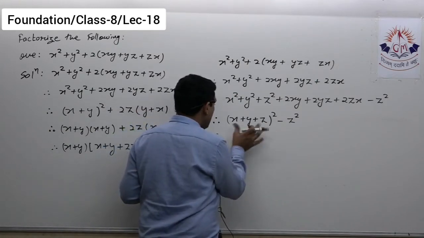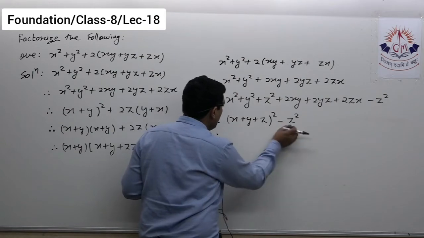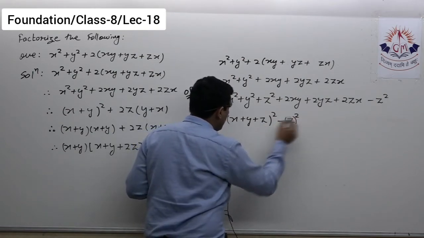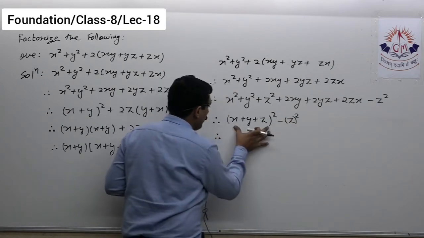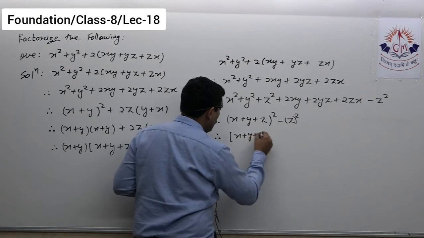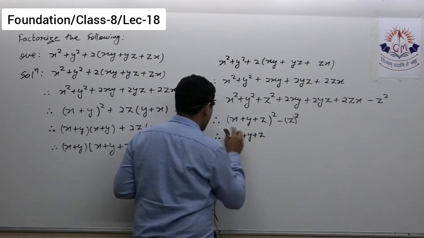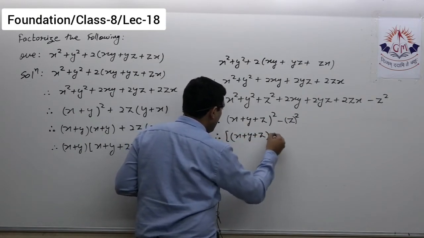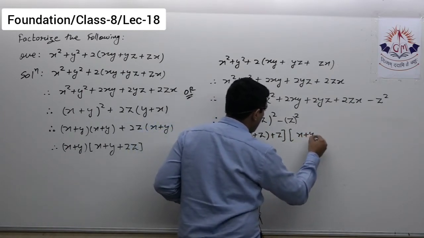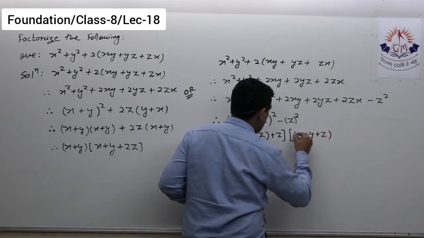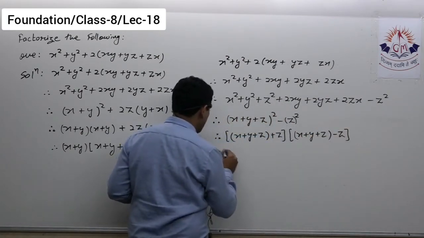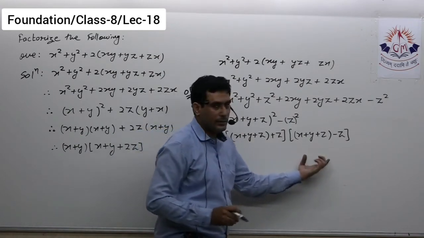So I am considering this as a and this as b, so a plus b into a minus b. Even though I won't apply this bracket, this was okay.